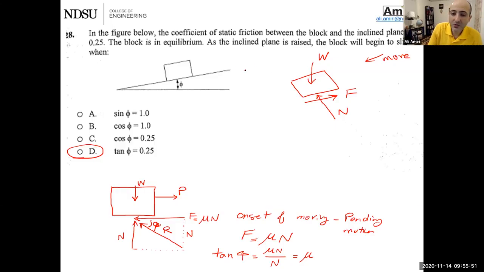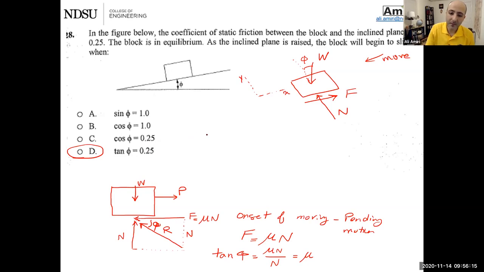The way I like to do it is I am going to turn my axis a little bit. I'm going to call this one X, call this one Y, because in that case, I only have to deal with one of the forces. I need to find the components of that force, okay?